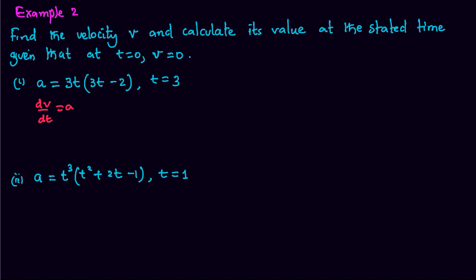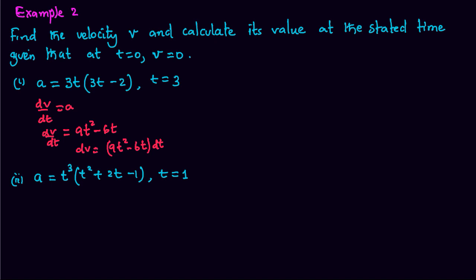So these are the initial conditions that we are given. In the first case, dv over dt will be equal to 9t squared minus 6t. The brackets have been removed. This becomes dv is equal to 9t squared minus 6t dt.